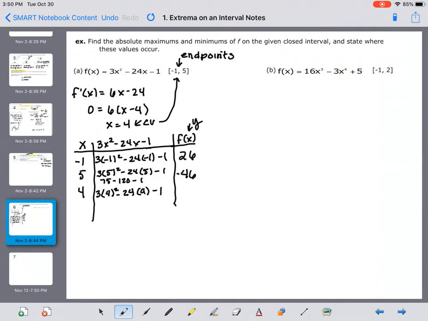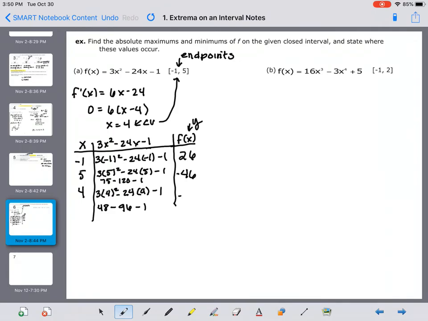So 4 squared gives us 16. 16 times 3 gives us 48. You might want to leave yourself a little room to do some scratch work on the side. 16 times 24, so 96, minus 1. So 48 minus 96 gives us negative 48.